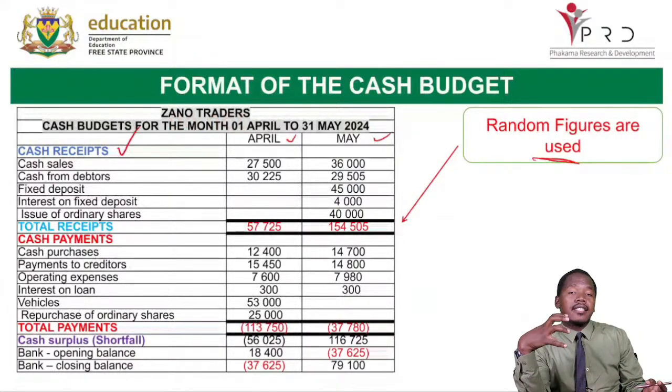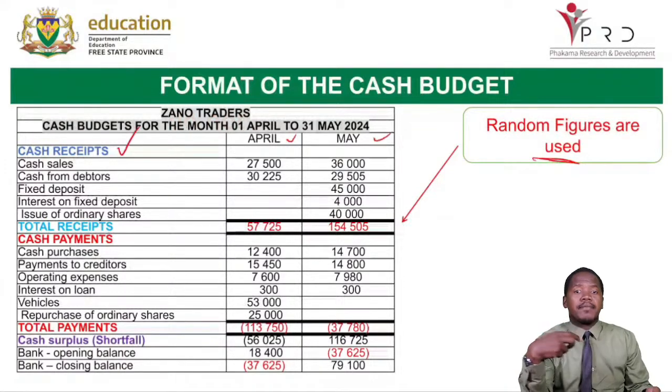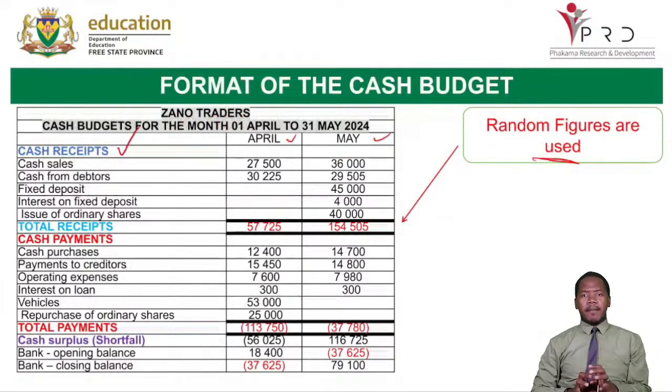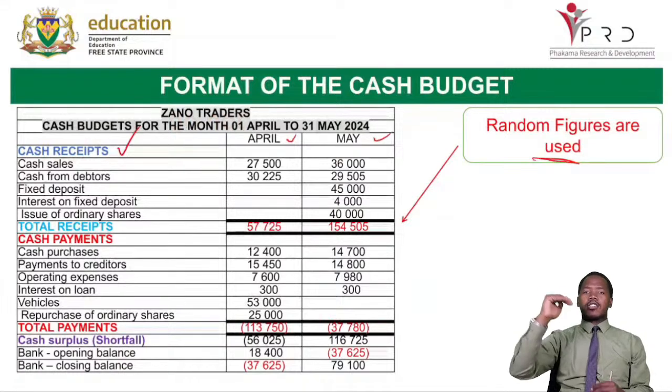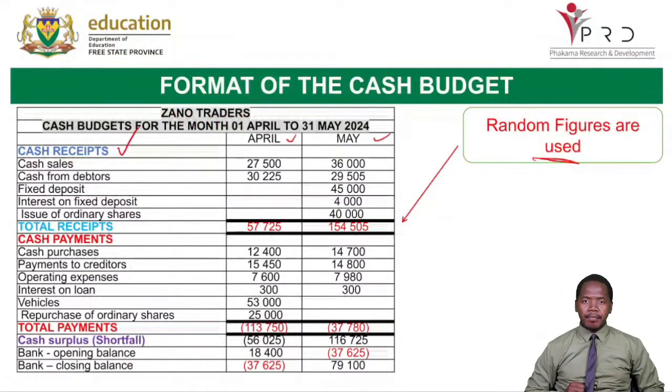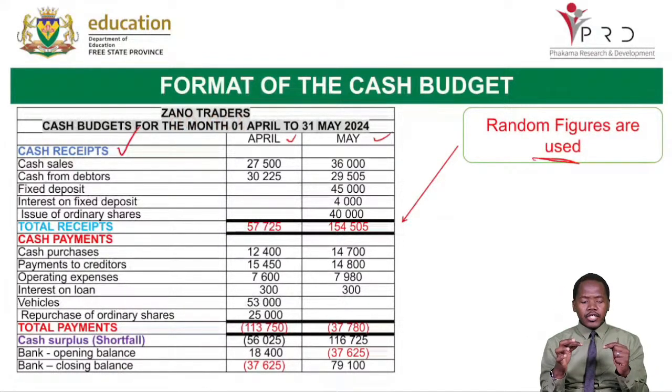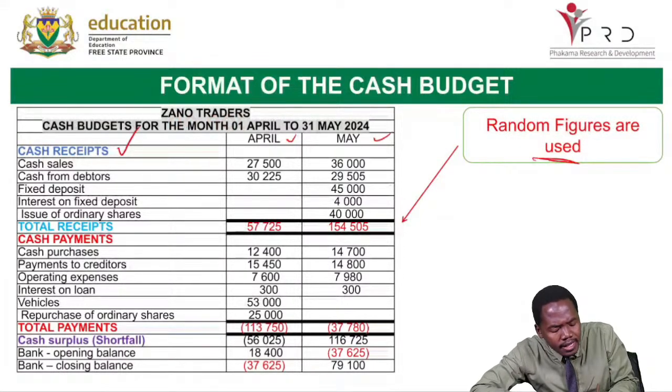Under cash receipt, we will have so many items. The first 2 items should stay like that in the format. It should always start with cash sales if they are there, followed by collection from debtors or receipts from debtors. What is this collection from debtors called?